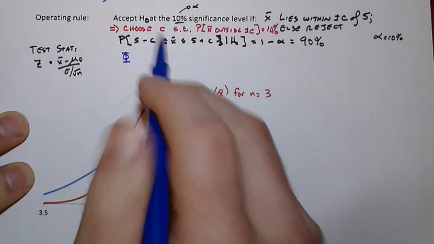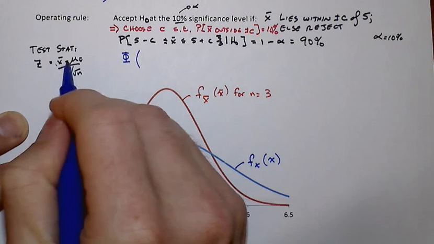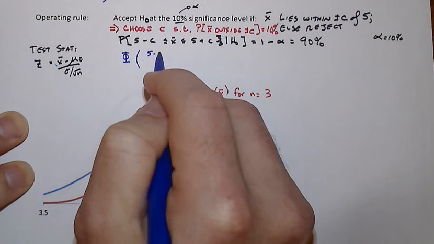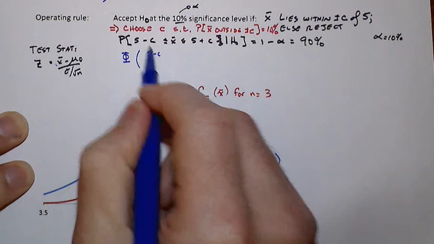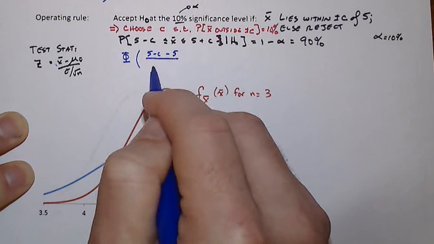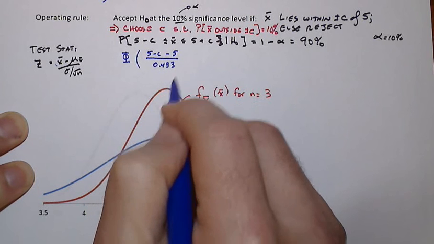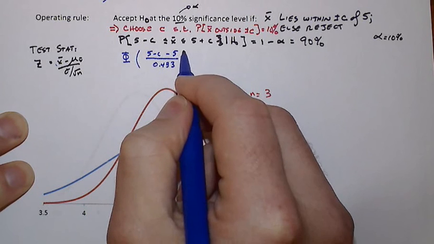So the cumulative normal CDF, using this guy right here, we'd have 5 minus c, that's where we want to be at the lower bound, minus the mean, that's 5, over our standard deviation of 0.433.